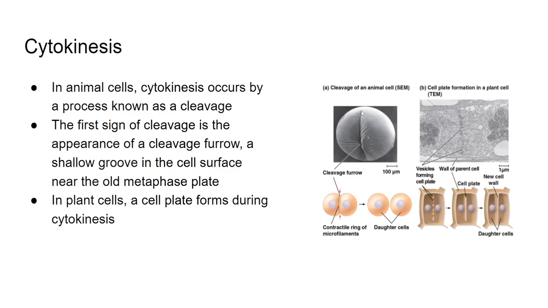If you were to see the cleavage furrow of an animal cell, this is an indication of the cell splitting into two. That's just one way of memorizing it. There's multiple ways that you can think of it. The first sign of cleavage is the appearance of a cleavage furrow, a shallow groove in the cell surface near the old metaphase plate, right?